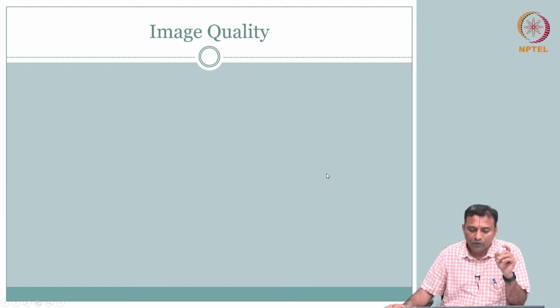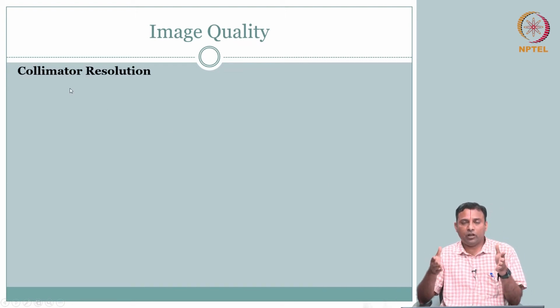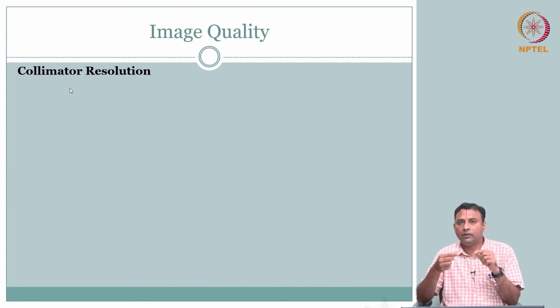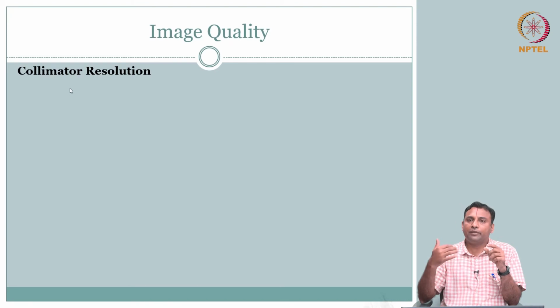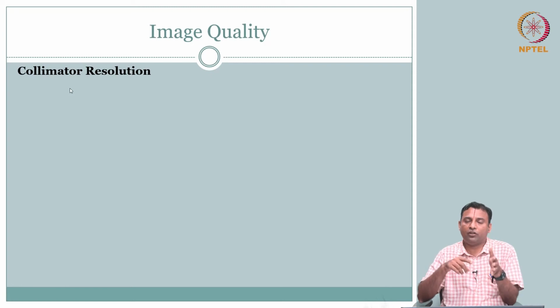So, there is a lot of similarity, but then there are also some differences that make the equation slightly different. So, first, when we talk about image quality, we want to talk about resolution. Collimator resolution is one thing, because we have this collimator for what? So that you can avoid Compton scattering, right, that was the idea. So, if you have a point radioactivity, we talked about the parallel hole configuration of the collimator.